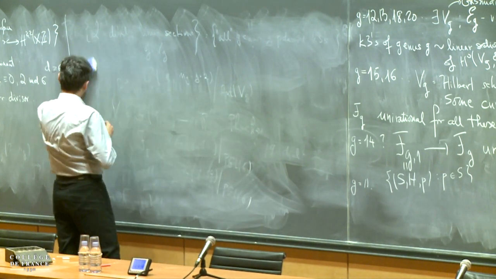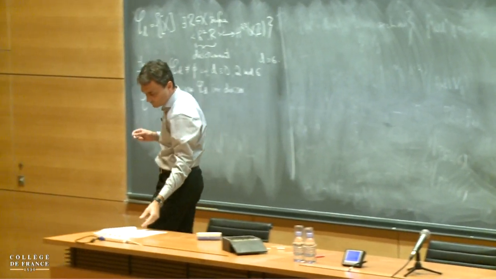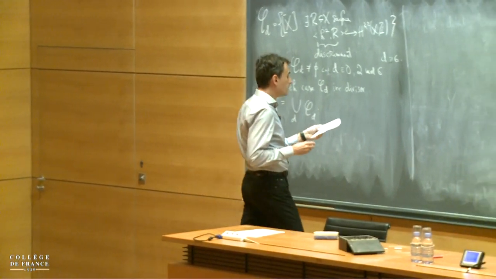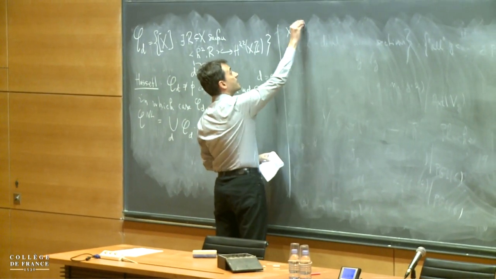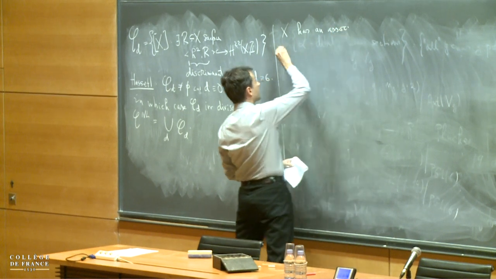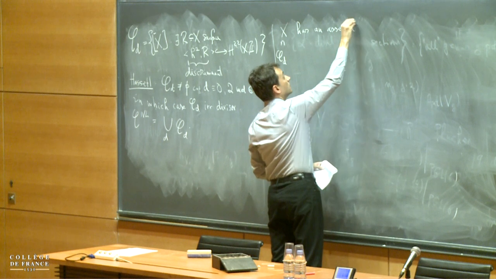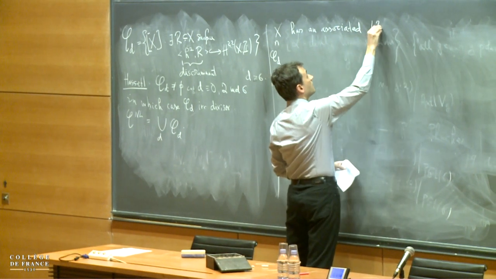Actually, I'm sure people here know it better than I do. So you say that X, which necessarily has to belong to such a C_d, has an associated K3 surface.